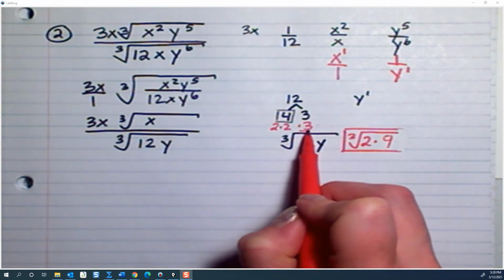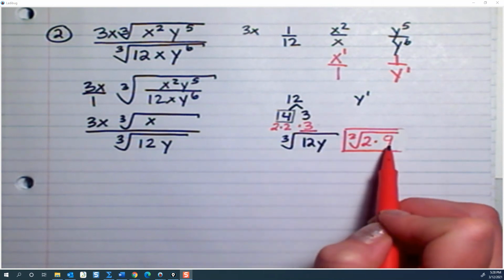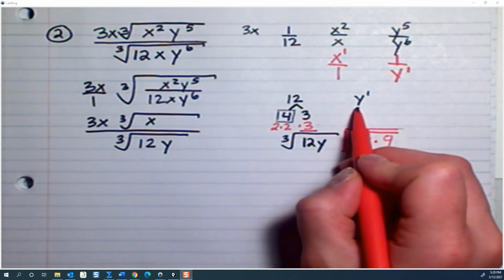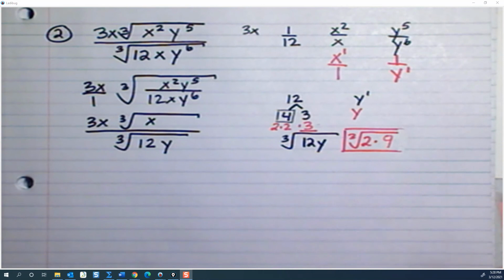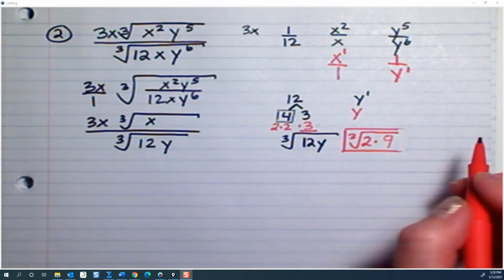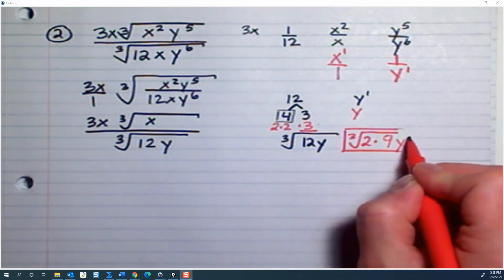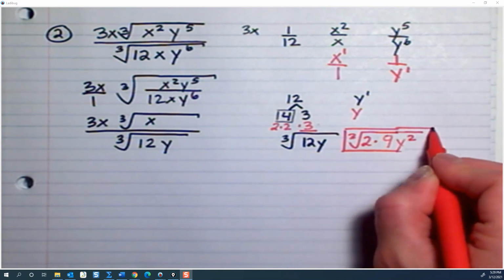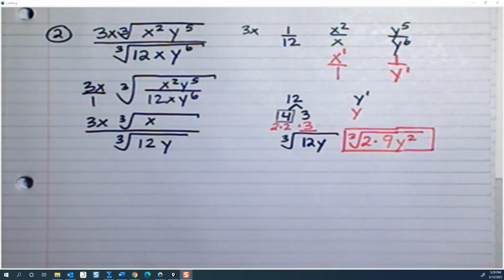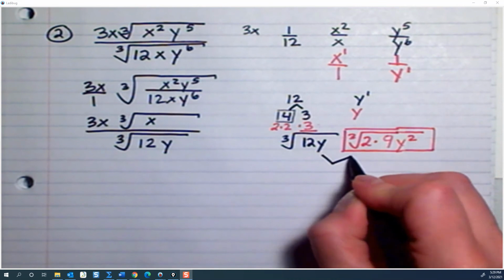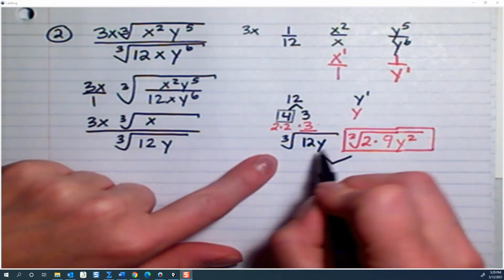Here, I didn't have the perfect square, so I needed 2 more of them. Then I look at y, and I've only got one y. And so what do I need to complete the cube? I actually need 2 more of them. Okay, so let's go ahead and multiply this together.